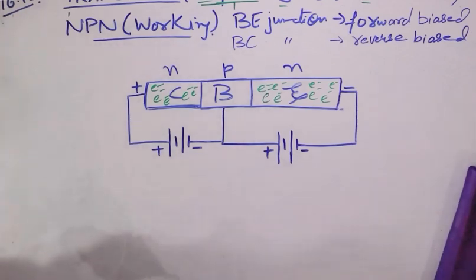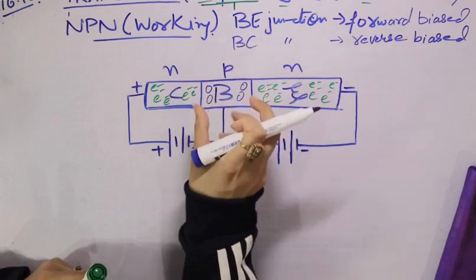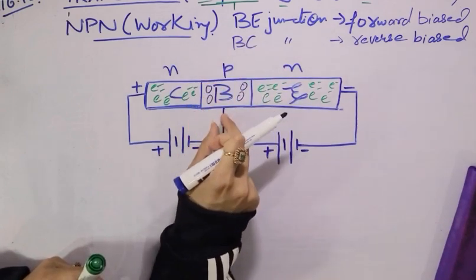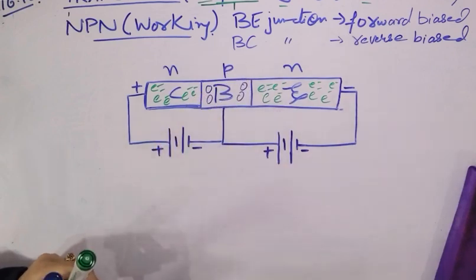And the base has holes in the majority, but it is very lightly doped, so there will be holes but few, because this is the lightest doped layer of these. Okay.